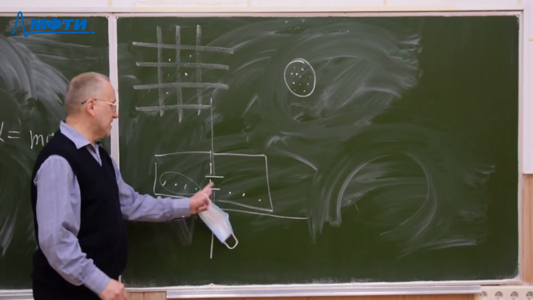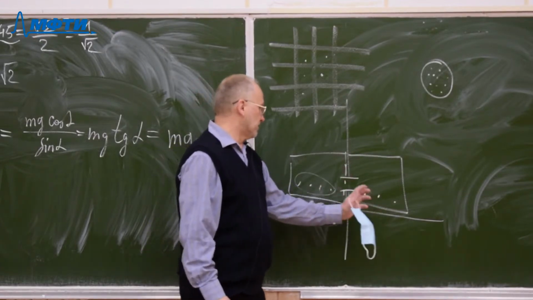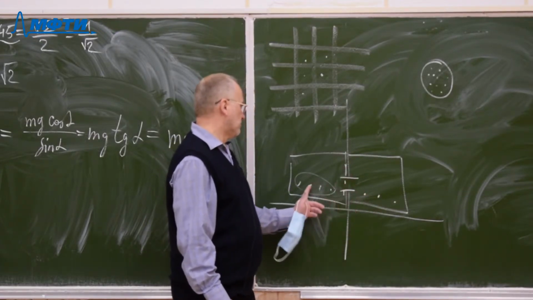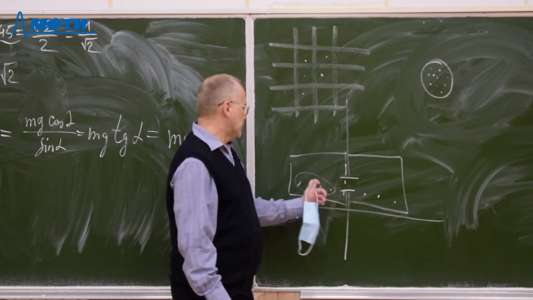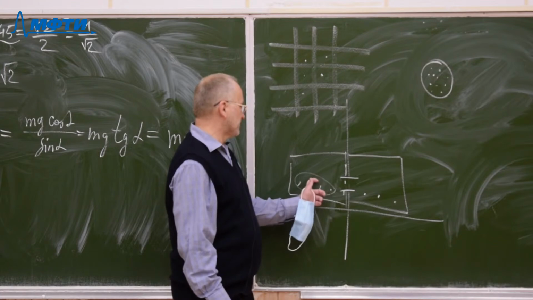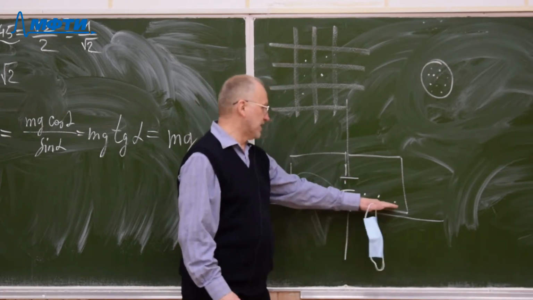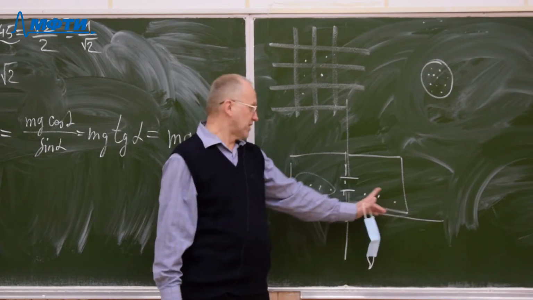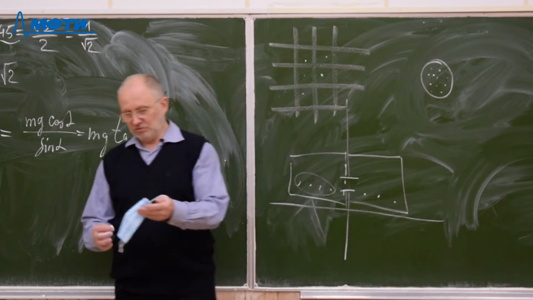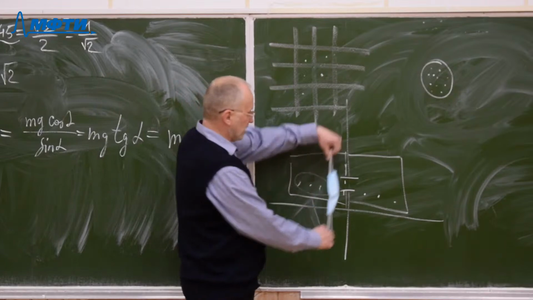The mask stopped the propagation of viruses, and the virus contamination from this cage did not penetrate into the other. For many days, the mice living there remained healthy because of the mask, which closed the hole between the two cages.